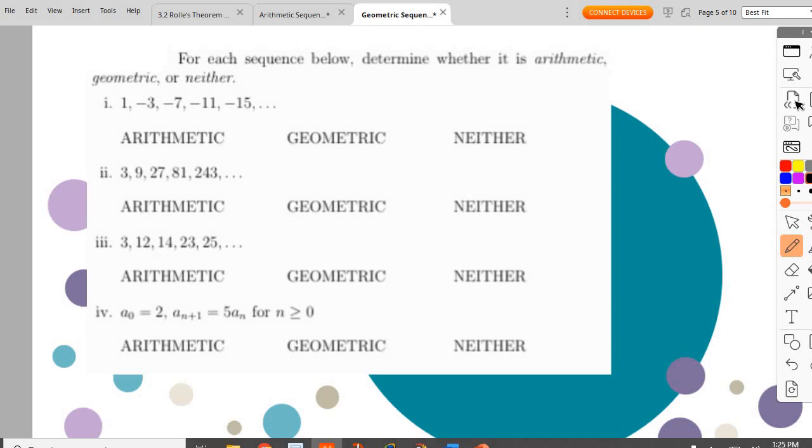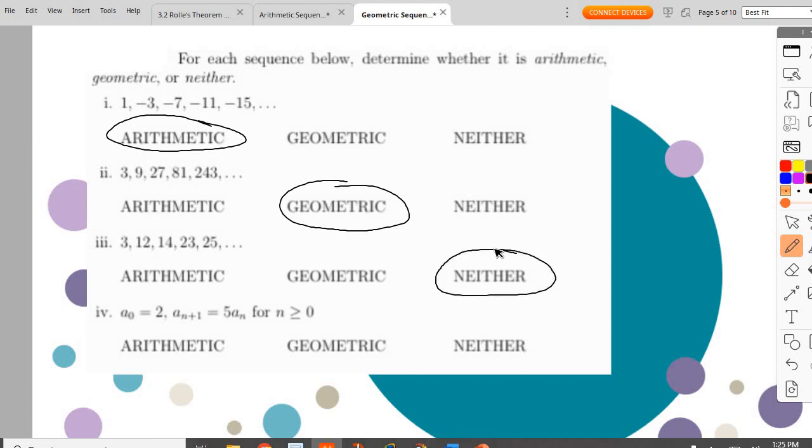So on this first one, I have 1, -3, -7, -11, -15. What are we doing? Subtracting 4. So what type of sequence is that? Arithmetic. What are we doing on the second one? Multiplying by 3, which means that it is geometric. What are we doing on the next one? Neither.